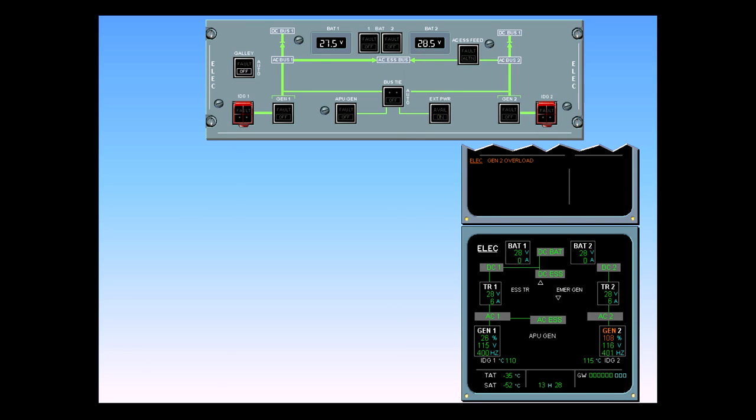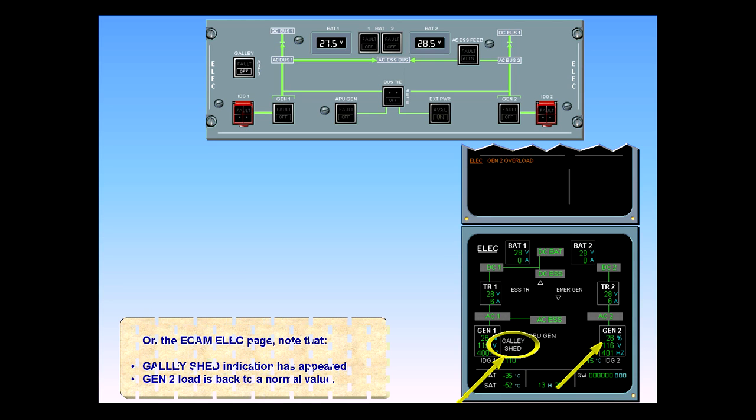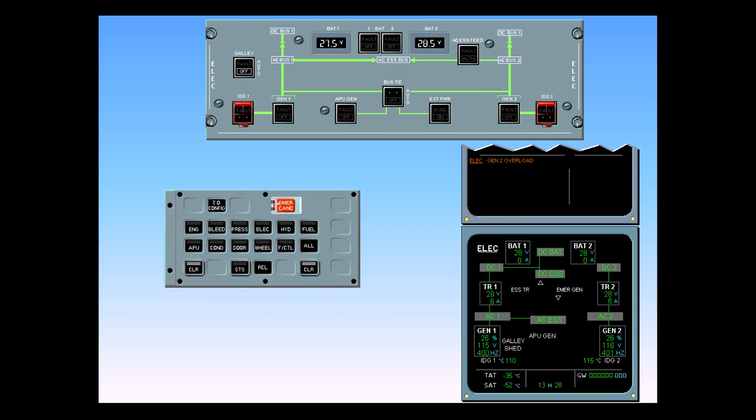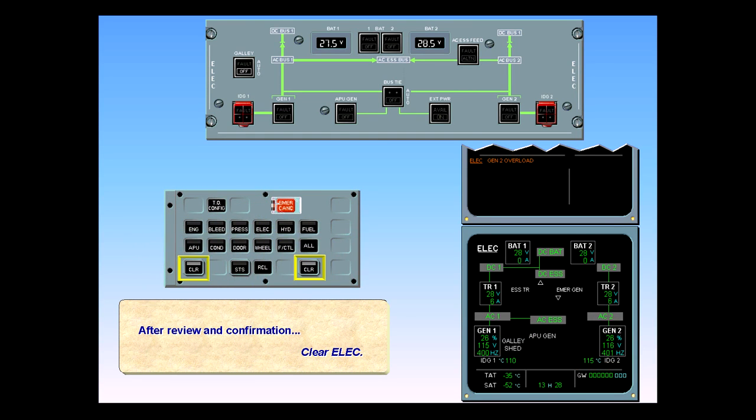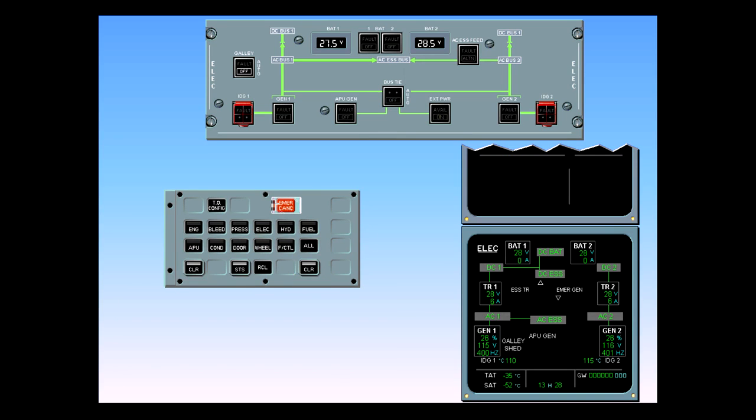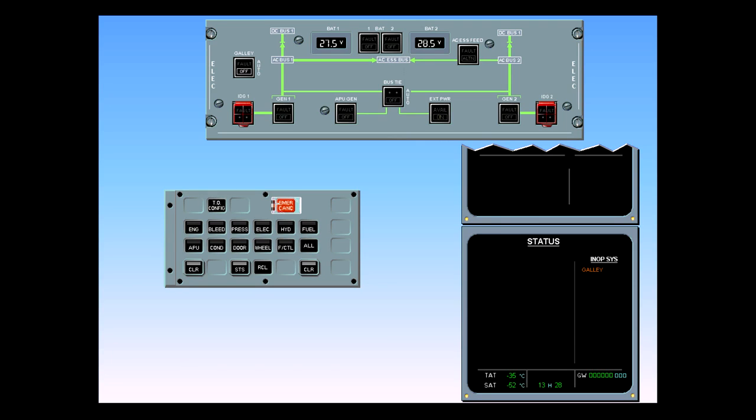On the ECAM electric page, note that galley shed indication has appeared. Generator 2 load is back to a normal value. After review and confirmation, clear electric. The status page is displayed for review.